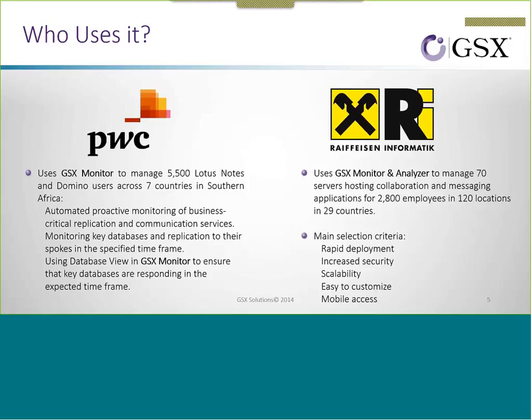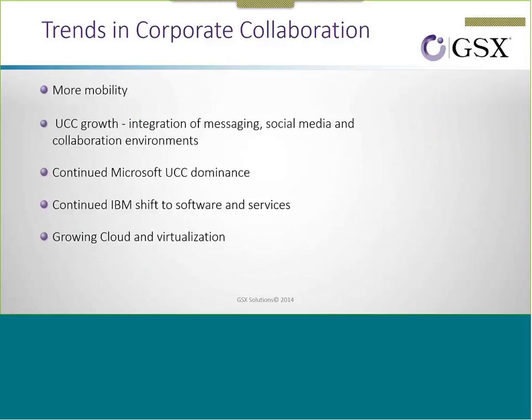What we're seeing here is that companies, certainly in the 10,000 plus range, but also right down to the 5,000, are really facing corporate issues, trends that we're calling mobility and unified communications. You can question how unified communications is as we move into social media and collaboration environments. It needs to be, but there's a long way to go.